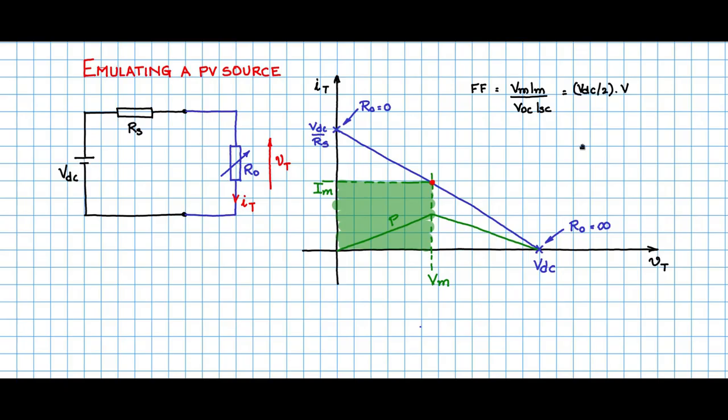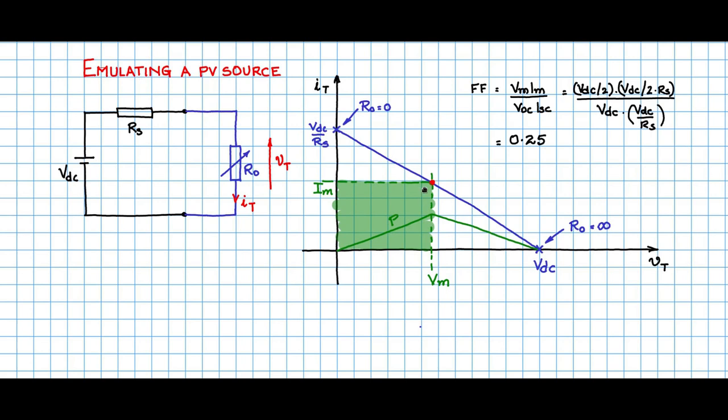And what is IM? Halfway point on the y-axis, which is VDC by 2 RS, divided by VDC for VOC and VDC by RS for ISC. If you work out, you have 1 by 2 and 1 by 2 appearing here. It is 0.25. The fill factor of this PV source emulator is 0.25.